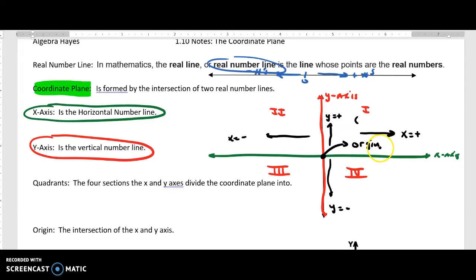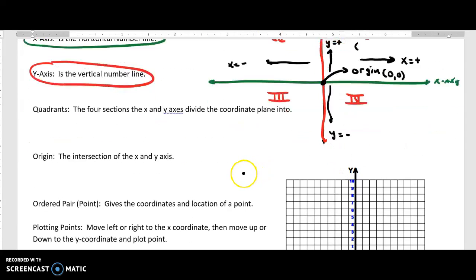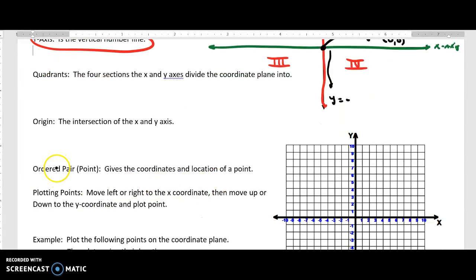Now, the origin is what we call an ordered pair (0, 0). That's where x is 0 and y is 0. Okay, now we're going to talk about what an ordered pair is. Well, an ordered pair is another name for a point.